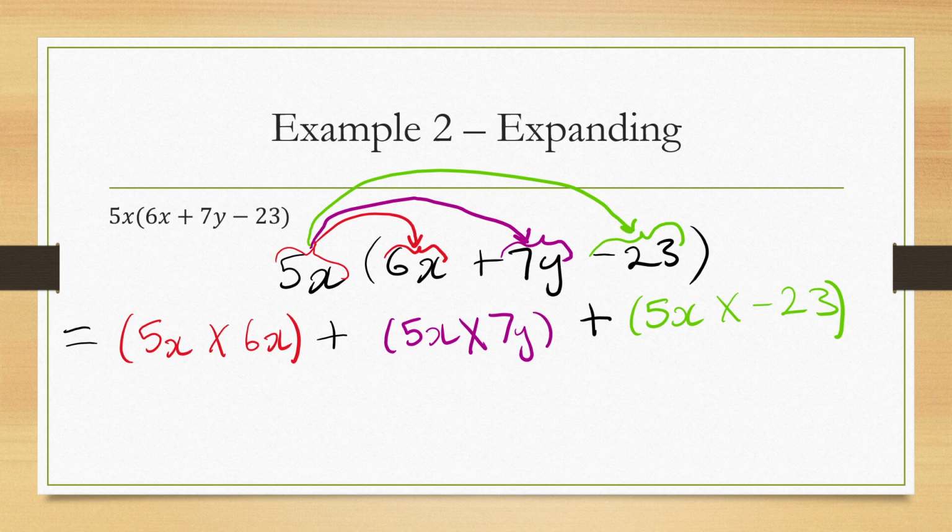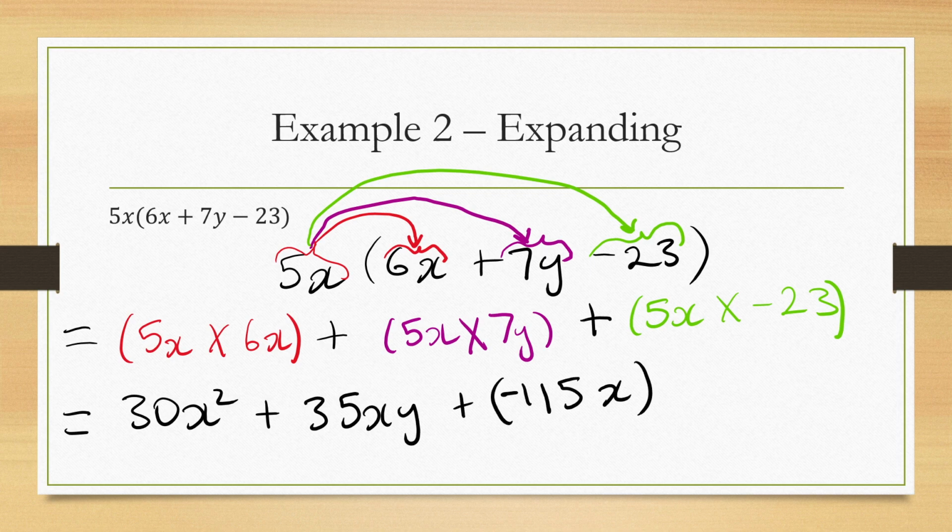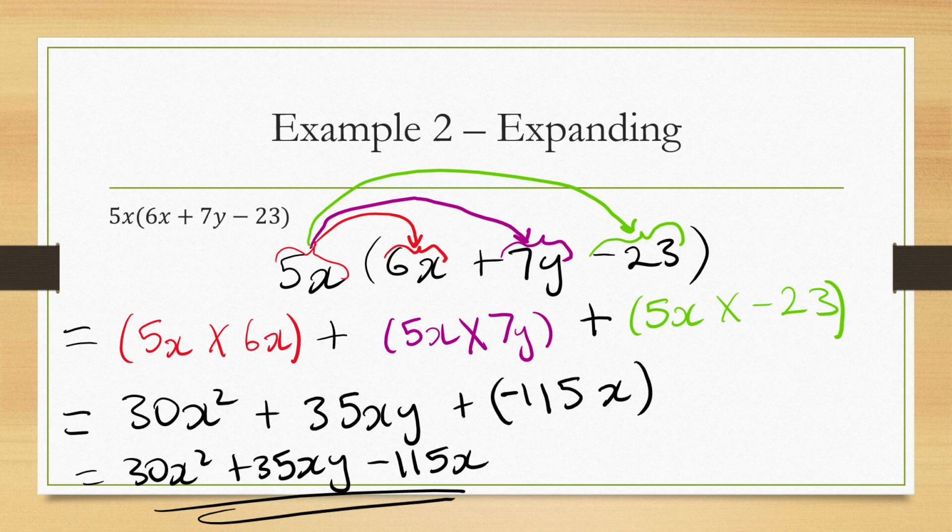Now what we're going to do is simplify. As you can see, 5x multiplied by 6x as we did. As you can remember, if you've seen the indices video, you will know that when you're doing something like this, you first multiply the coefficients.